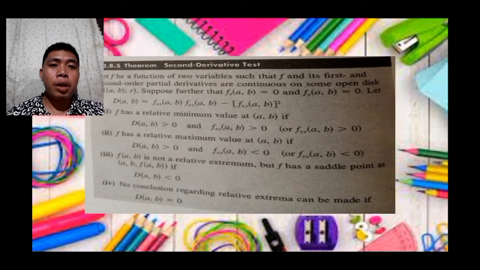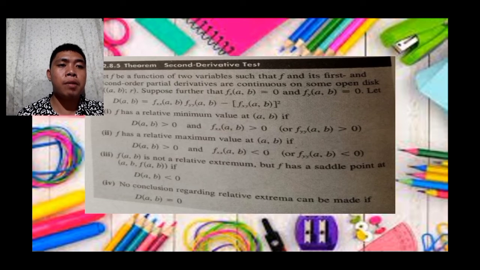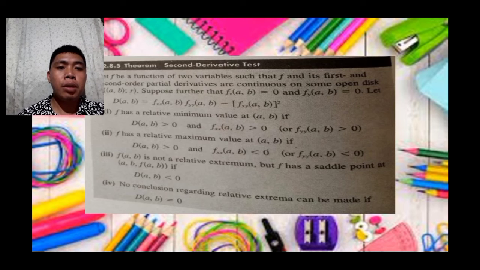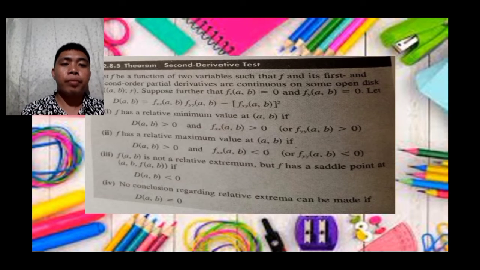Second, f has a saddle point at (a, b, f of (a, b)) if D of (a, b) is less than 0. Next, no conclusion regarding relative extrema can be made if D of (a, b) equals 0.